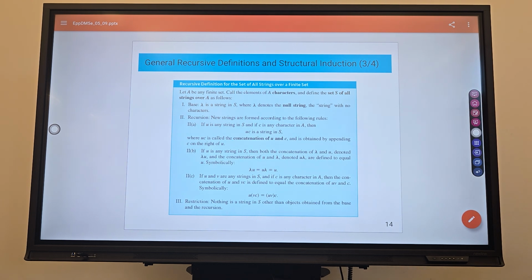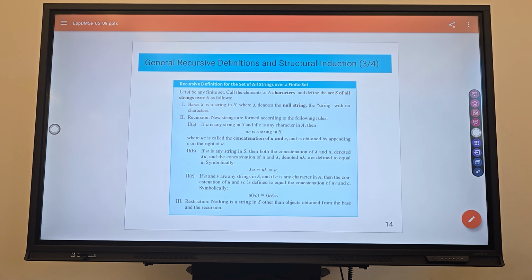The recursion rules. New strings are formed according to the following rules. If U is any string in S and if C is any character in A, then UC is a string in S, where UC is called the concatenation of U and C and is obtained by appending C on the right side of U. Recursion rule 2b.